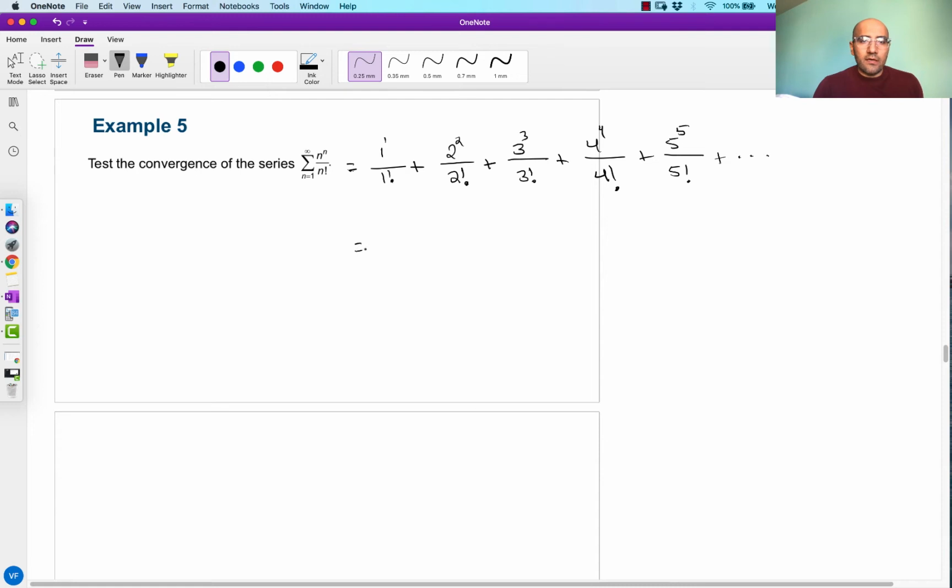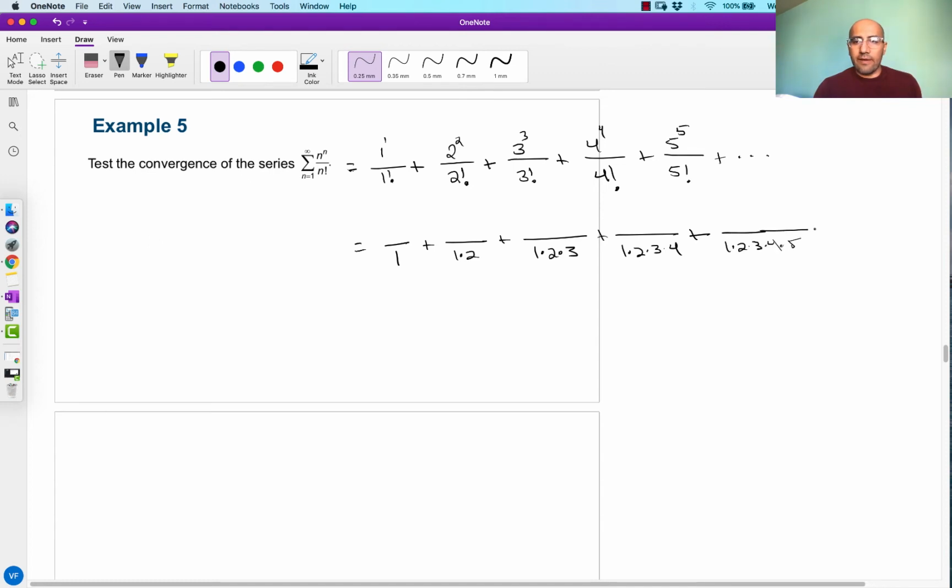Remember, factorial means that we multiply them this way. 1 factorial is just 1. 2 factorial is 1 times 2. 3 factorial is 1 times 2 times 3. 4 factorial is 1 times 2 times 3 times 4. And 5 factorial is 1 times 2 times 3 times 4 times 5.